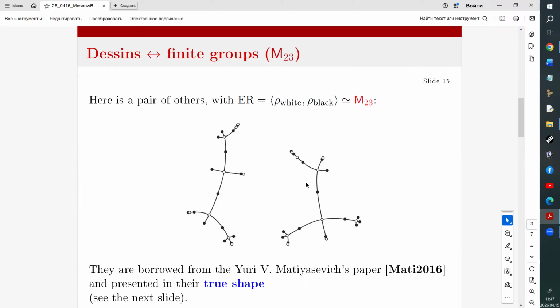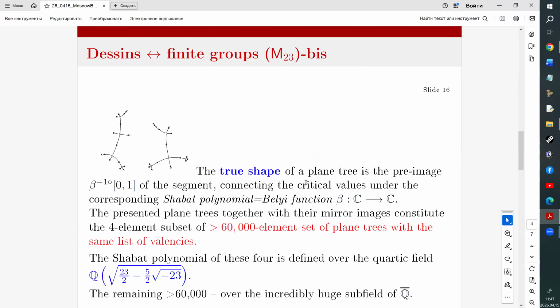How can it be related to the work of Maciejewicz? Let me see, perhaps we can turn to that slide. Here it is, sorry for the number.